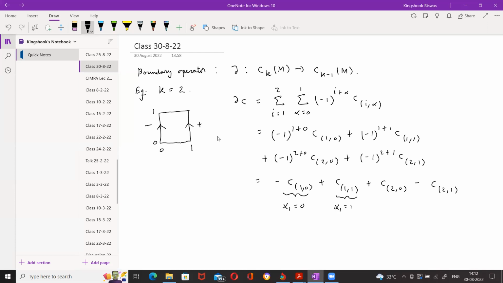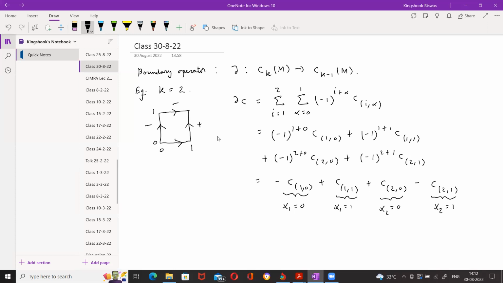And then I have C20. So that means X2 equal to 0. So that's this lower side. This comes with a plus sign. So that goes like this. And finally, C21 is X2 equal to 1. So that's the top side. That comes with a minus sign. So this goes like this, but it comes with a minus sign.